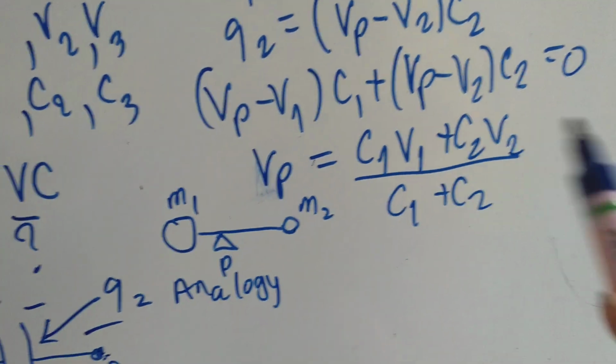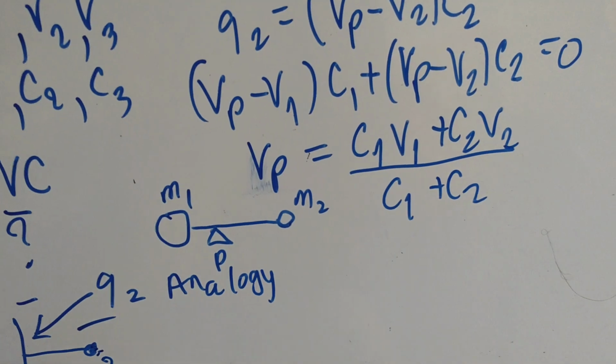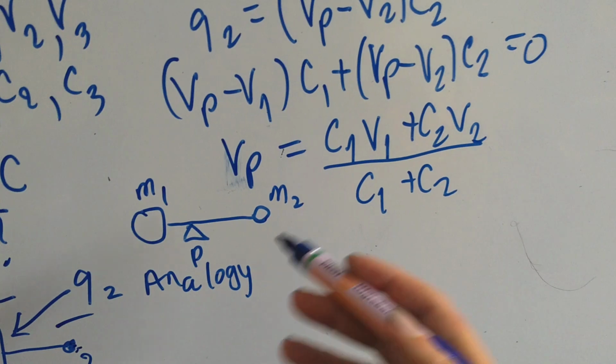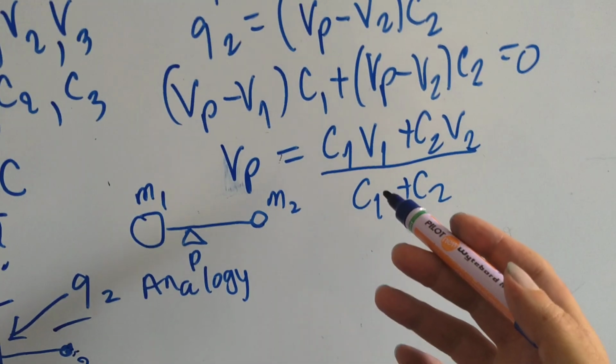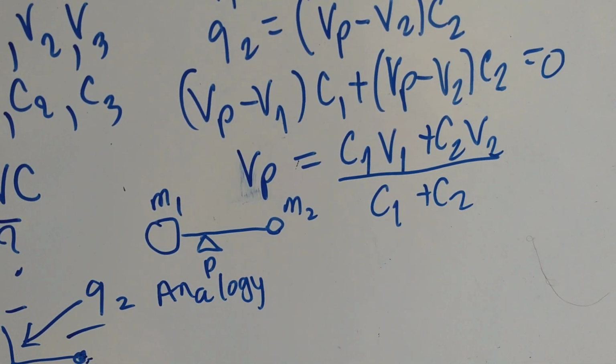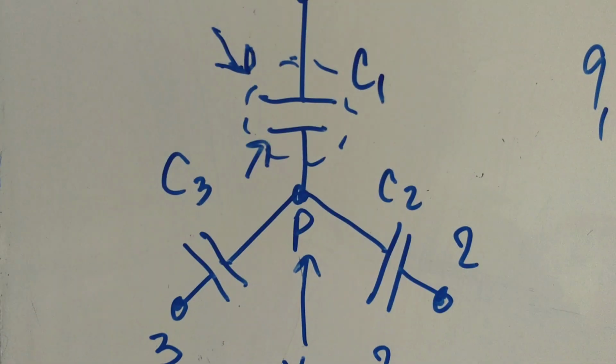There are many mechanical and electrical analogies, and I'm going to examine some of them in future videos. But this is a really unusual one. Whoever thought of capacitors being like masses that are balanced? But we can take this idea further, and you see it works in this case too.